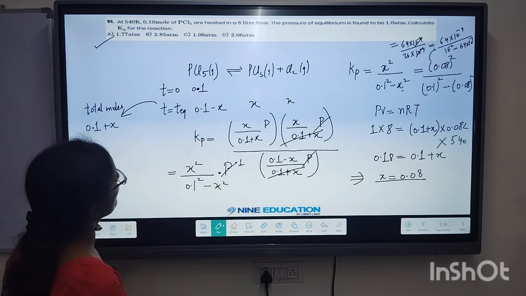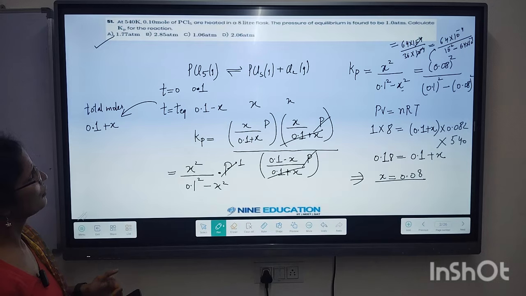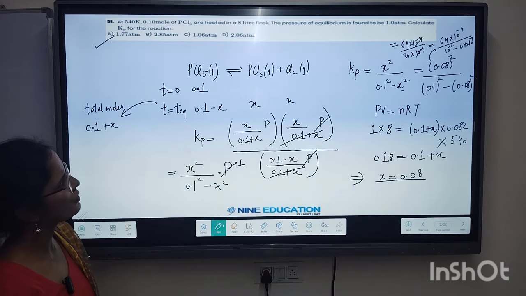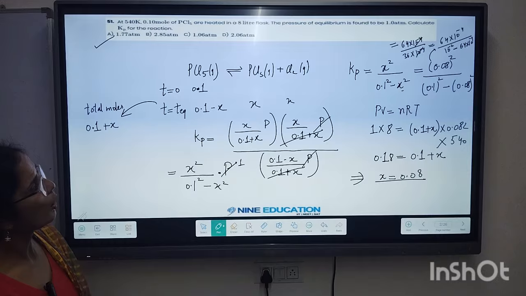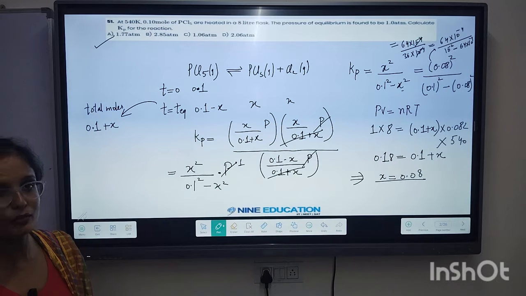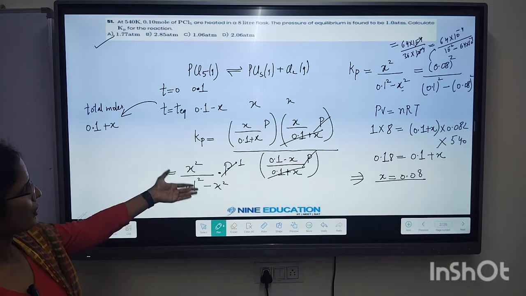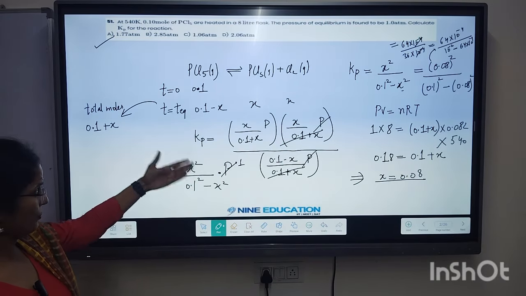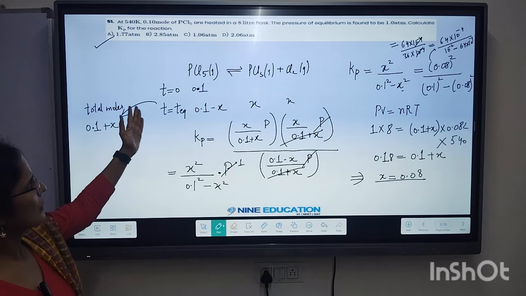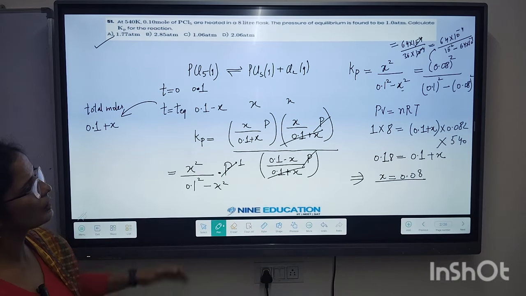So when we need to understand this question, it is a simple reaction, the PCl5 dissociation reaction, and how are we making use of the data? They are asking us to give the value of Kp, and for finding out Kp, we need to write down the expression in terms of partial pressure, for which we can start with initial moles minus dissociated moles, giving us the Kp expression.